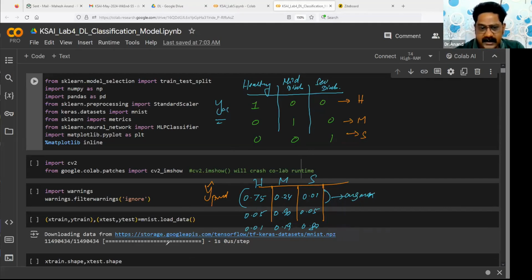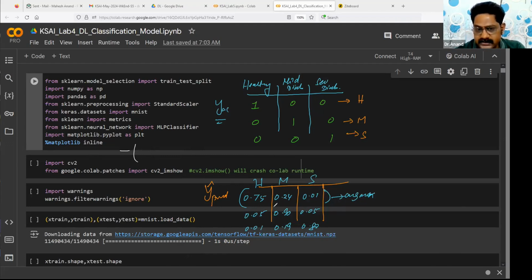For these 3 training records, how does the categorical cross entropy formula work? The same binary cross entropy formula we are extending for categorical cross entropy. Minus of, first record.